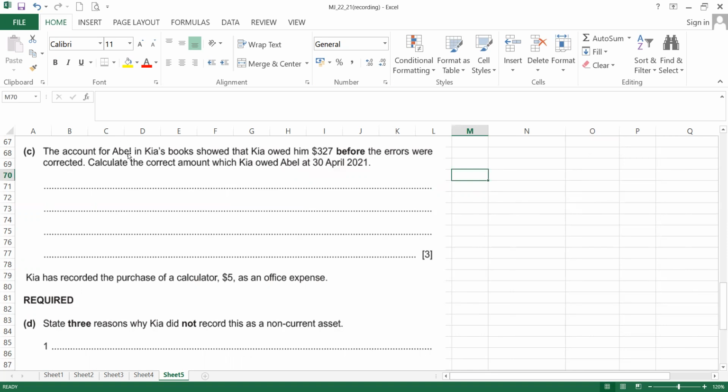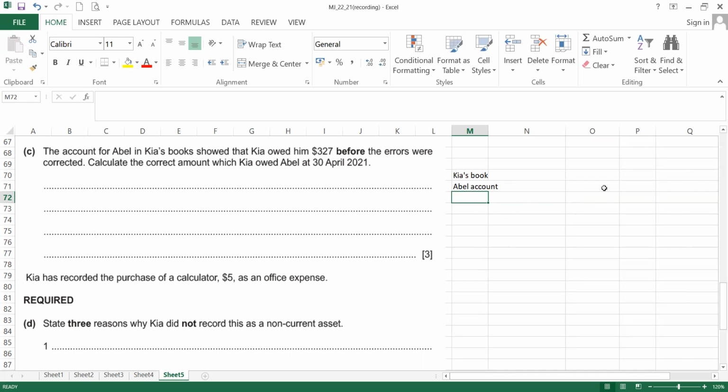In the Kia book, the RB account shows that Kia owed him.